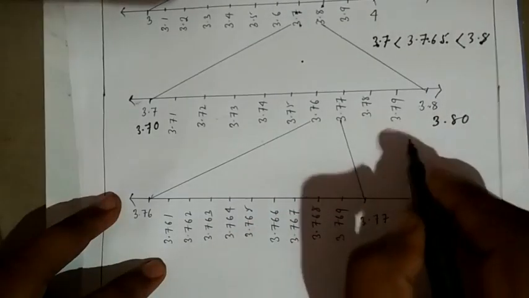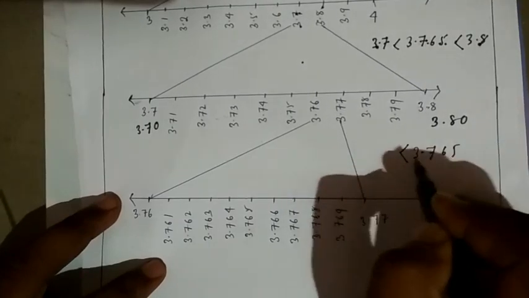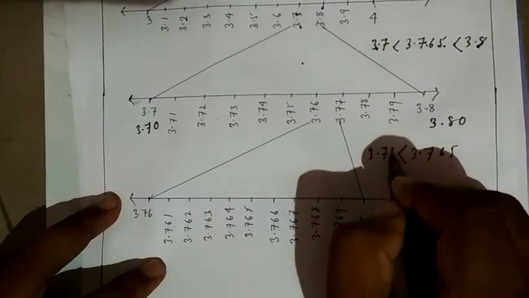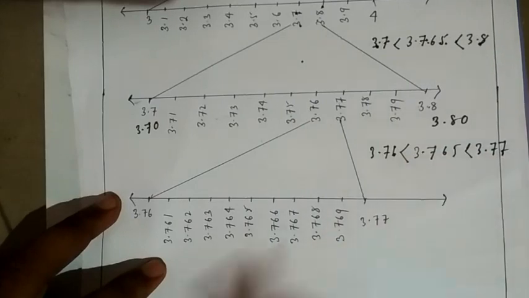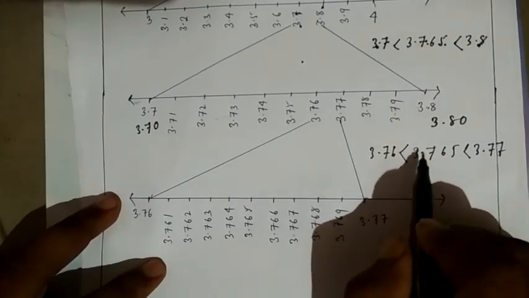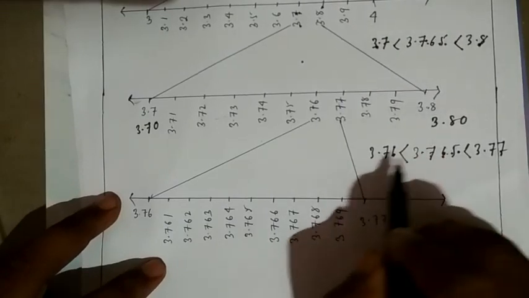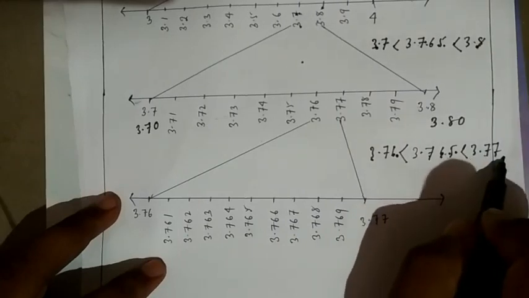So clearly 3.765 is greater than 3.76 and less than 3.77. Now our required number 3.765 will lie in between 3.76 and 3.77.